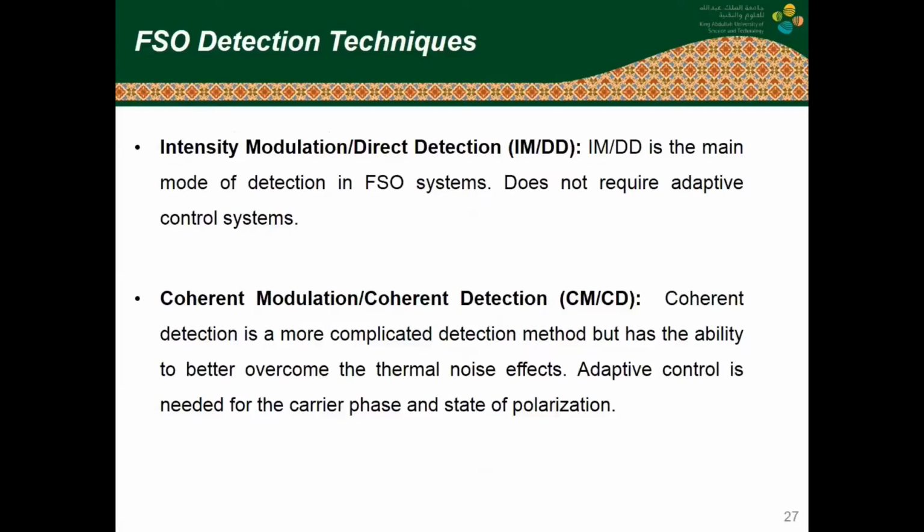On the other hand, coherent modulation requires phase estimation, requires adaptive control to perfectly or nearly perfectly estimate the carrier phase, so it comes at a complexity cost, but it gives you better performance capabilities if implemented perfectly or near perfectly.